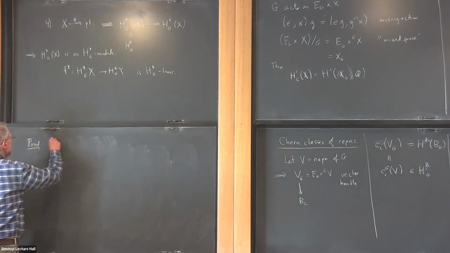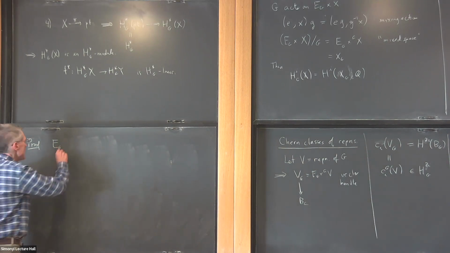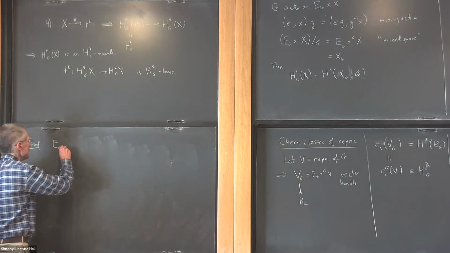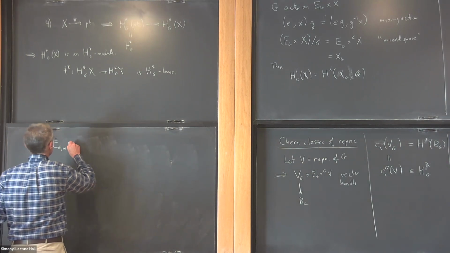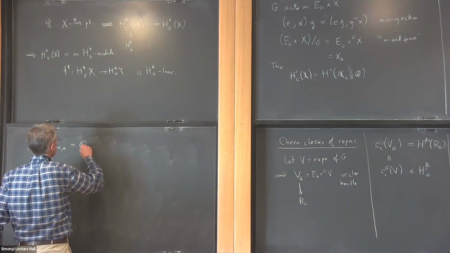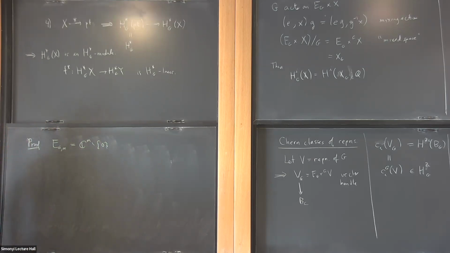I'm going to decorate E_G with M. This M has only slight numerical meaning: it's going to be C^M minus the origin, but I'm not keeping close track of these homology groups.